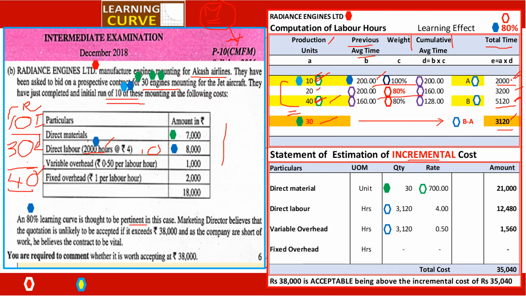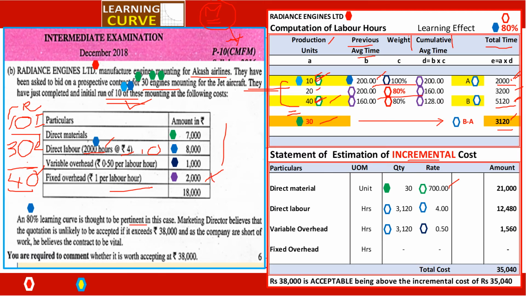Direct material 7000 in respect of 10 means per unit it will be 700, and here labor will be 4 rupees per hour. 4 into 3120, and 50 paise per labor hour, 3120. Fixed overhead, this is where the question comes. We have already run one batch, and this fixed overhead is already covered by the first batch of 10 units.